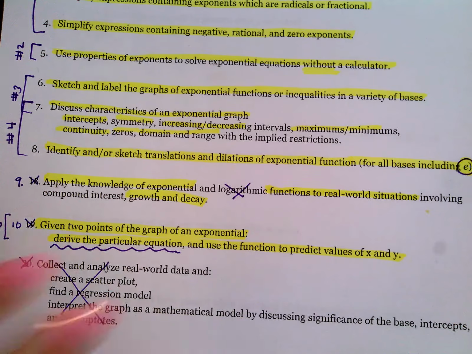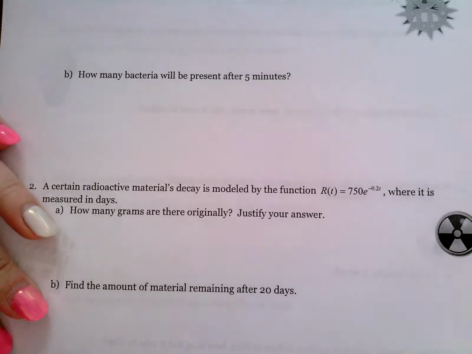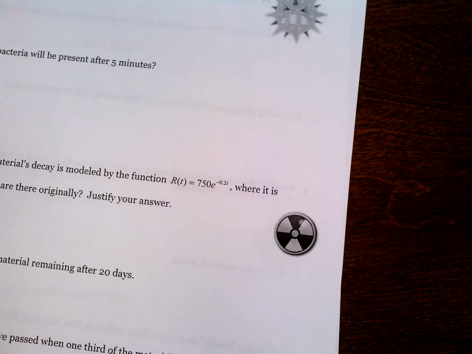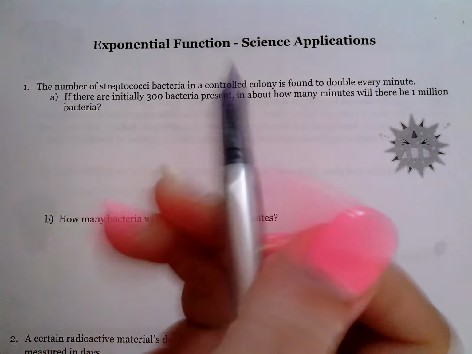So if you can join me and go ahead and look at this page right here. It says exponential functions, science applications at the very top. In this, we're looking at bacteria.